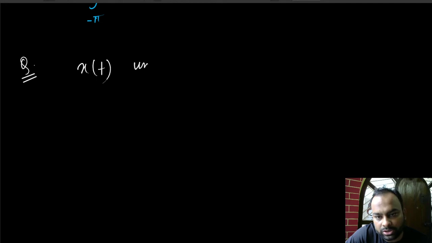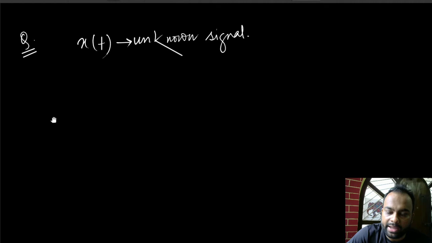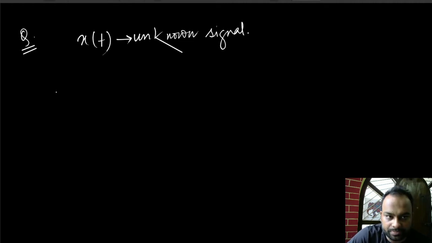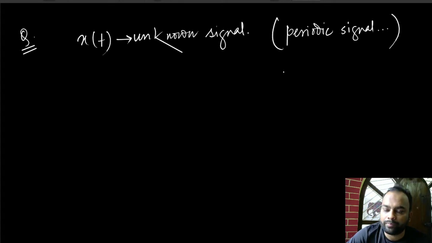So now, with that said, I have a question for you. Say I have a signal xt, an unknown signal, and again it is a periodic signal, since we are only discussing periodic signals.